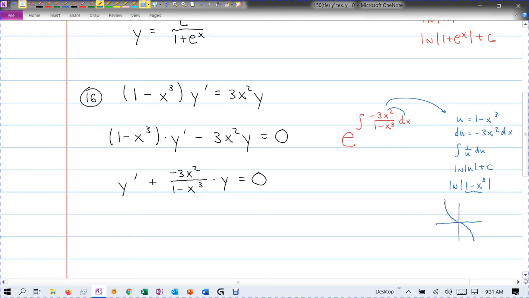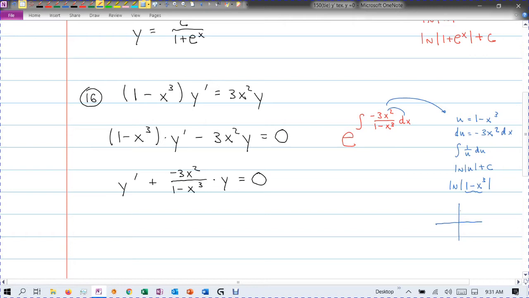hold on, what's going on here? 1 minus x cubed, yeah, that's right. Yeah, so when you're, I don't know why I'm looking here at the solution here.